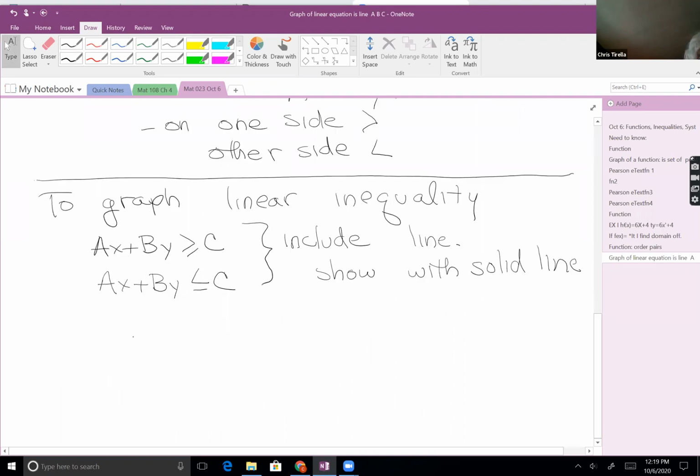Instead, if I have ax plus by is strictly greater than c, or ax plus by is strictly less than c, it's not equal. So we do not include the line.